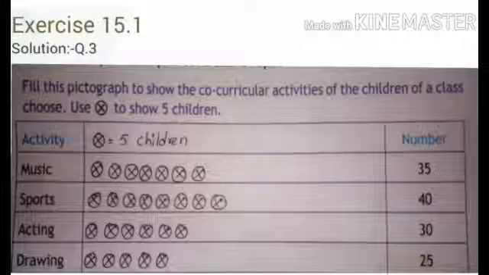So how many times will you draw? 6 times. So you will draw 6 times here. Next, drawing, 25. 5 multiplied by 5 is 25. So you will draw how many times? 5 times in drawing. Clear?